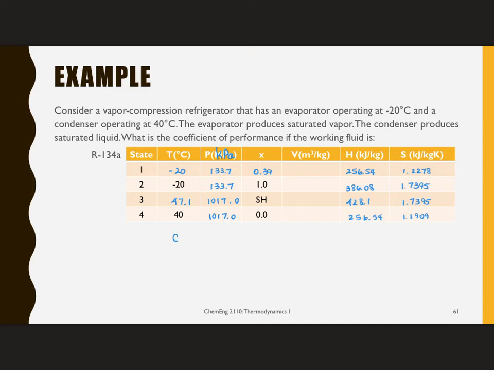Doing this, the coefficient of performance was H2 minus H1 over H3 minus H2, 129.54 over 42.02, or a coefficient of performance of 3.08.